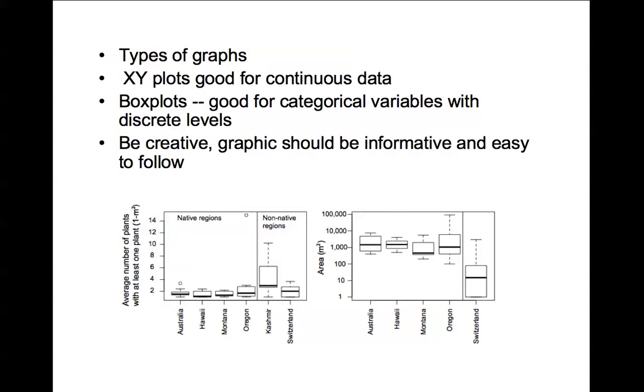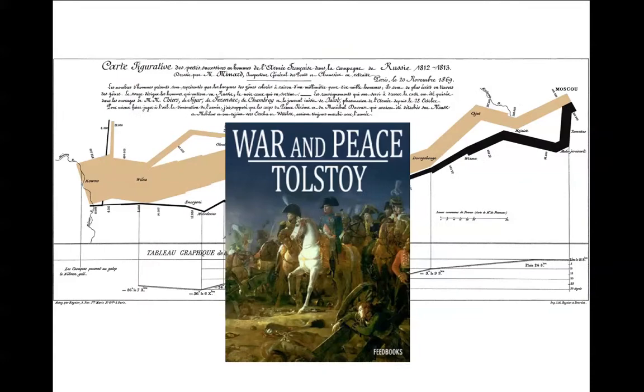We've already done quite a number of these, so I'll just keep moving on. So here is the example of the best graphic created in the 19th century and on into the 20th century. It's often used as an example of an excellent scientific illustration and graphic that conveys data.